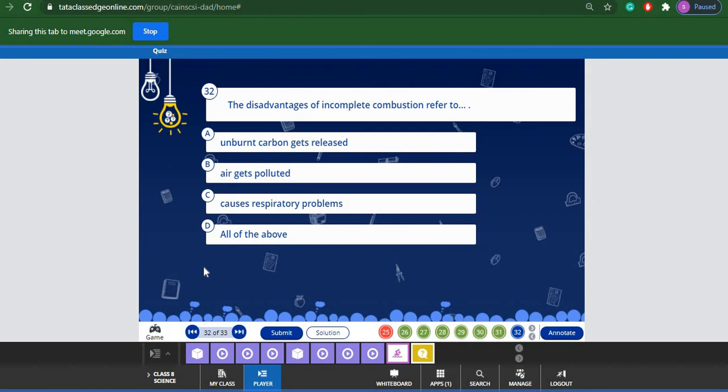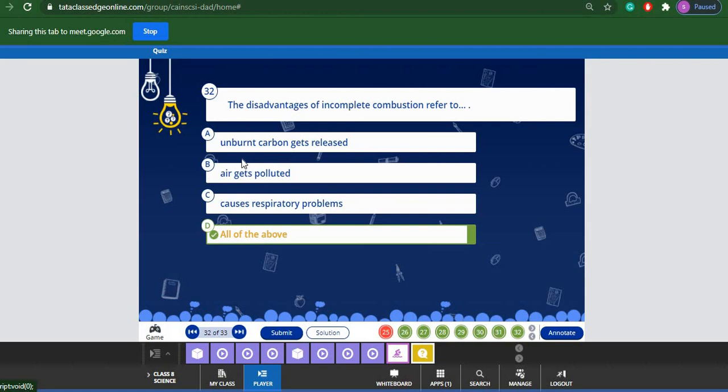Okay, all the above, four options. What about Vedant? Is it C? C. So let's check, is it C or is it D? It will be wrong. Sir, D. Yes, it will be all the above.